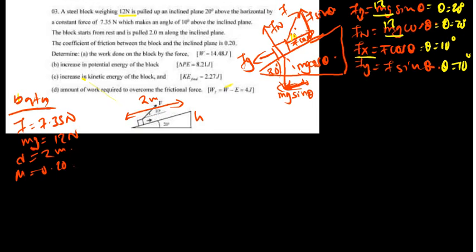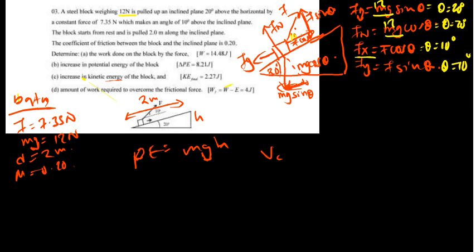So part C is asking about an increase in kinetic energy of the block. Here we have just used the direct potential energy is equal to mass times g times h. Even this one we can use, but we don't have the velocity. If we have the velocity, then we can use this formula, half mv squared. But we don't have the velocity.